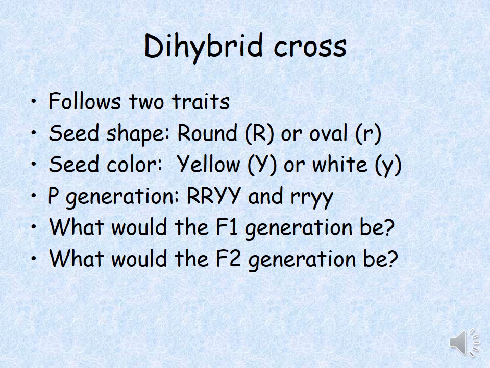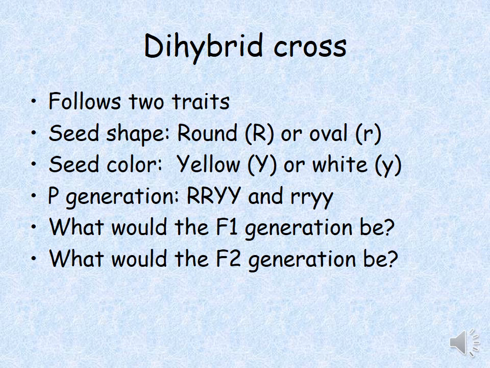And so your P generation, just like with the monohybrid cross, it's going to be purebreds. Now, it's really easy to show dominant and dominant, recessive and recessive, but in reality, the purebred does not have to be big R, big R, big Y, big Y. It could be big R, little y, little y. But it makes it a lot easier to show it this way when you're learning.